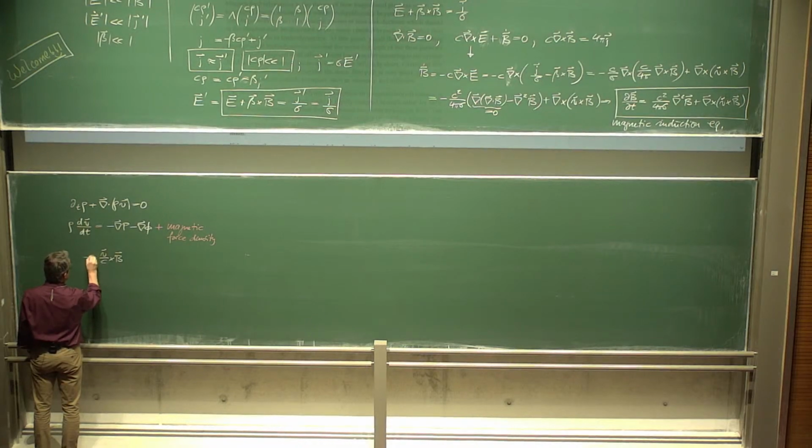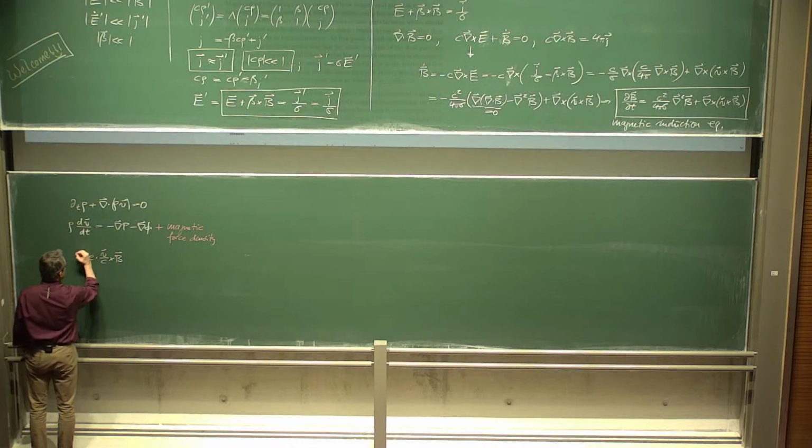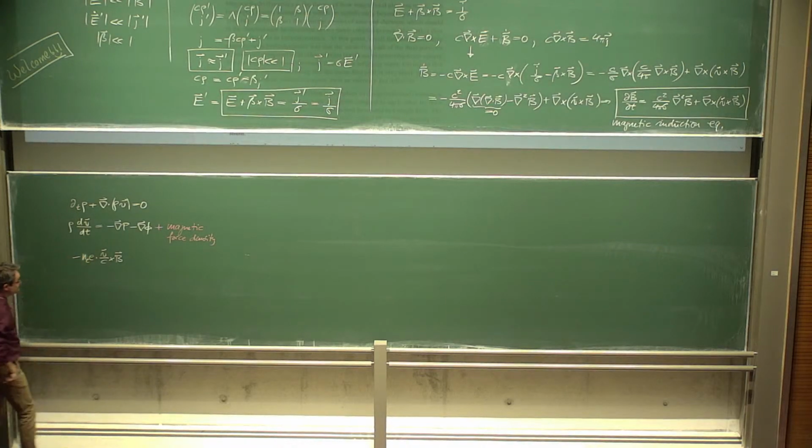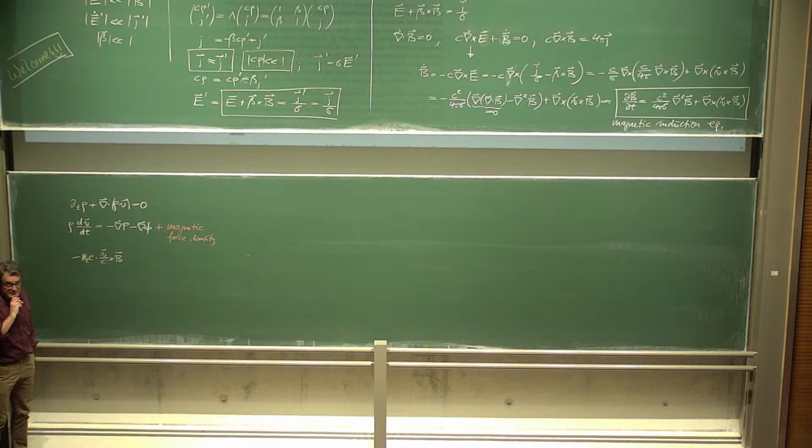Now, if I multiply this with the electric charge of an electron, I get the force on a single electron. And if I multiply with the number density of electrons, I will get the force density due to magnetic fields on the electrons. Right, that is the magnetic force density that I've been looking for, ignoring any electric field contributions.